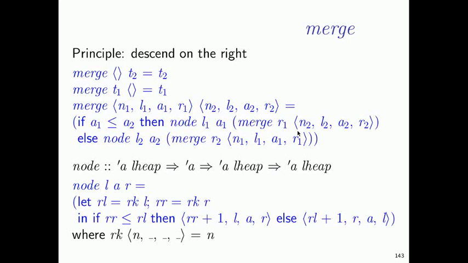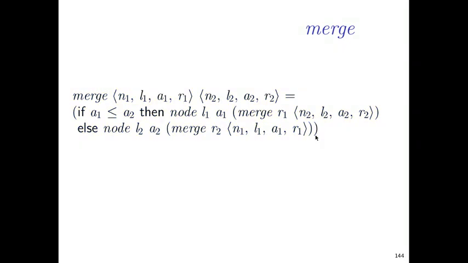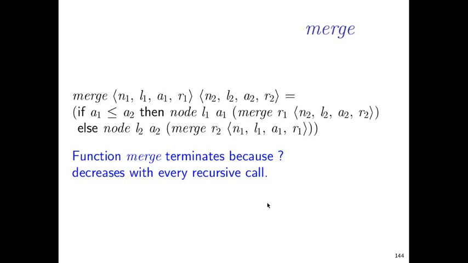So it's quite easy to see that the sum of the ranks decreases. So there can't be more recursions than the sum of the ranks. Yeah, so we can say the sum of the ranks decreases with every recursive call.